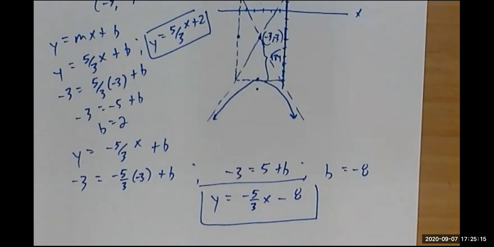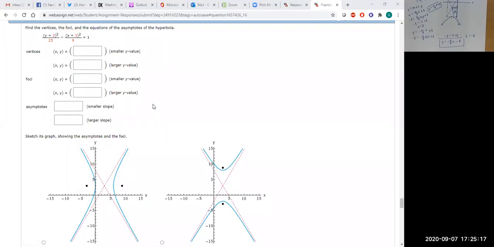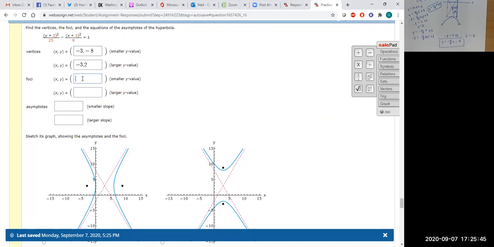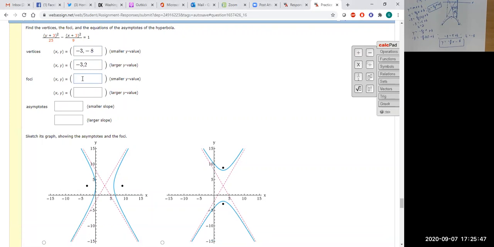So, vertices, smaller y value: -3, -8. And the larger y value: -3, 2. Foci, smaller y value: -3, -3 minus square root of 34.